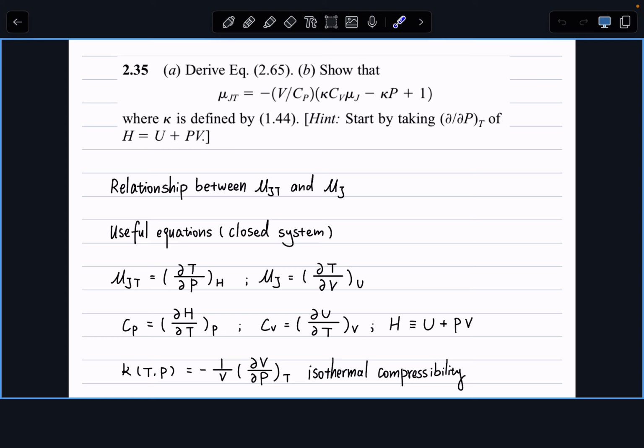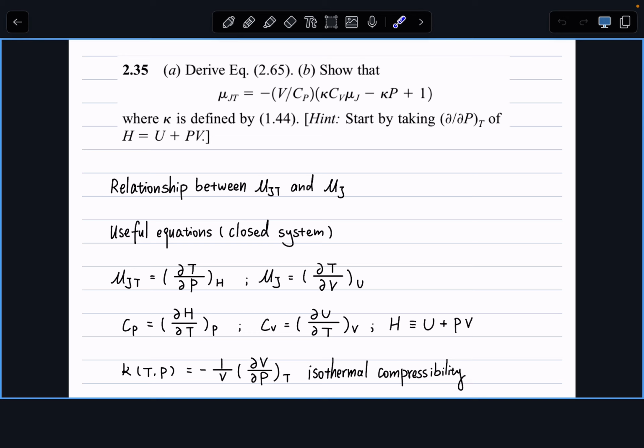Right, so this is one of the questions that looks horrible if we think about it. The first question asks you to derive equation 2.65, the partial differential of enthalpy over pressure at constant T equals negative Cp mu JT. So why is it the case? The second one is trying to prove that mu JT equals this complicated long equation.